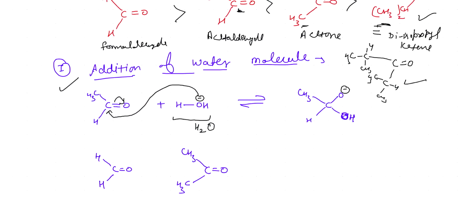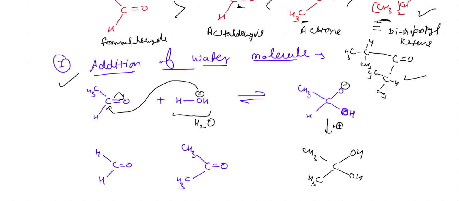Here, the oxygen will get a negative charge. Further, this molecule gets protonated as the water also has H positive ions. Thus, we will get the final product in which there are two hydroxy groups attached to this carbon. This is your hydrate. The product is known as a hydrate because this is hydrated.